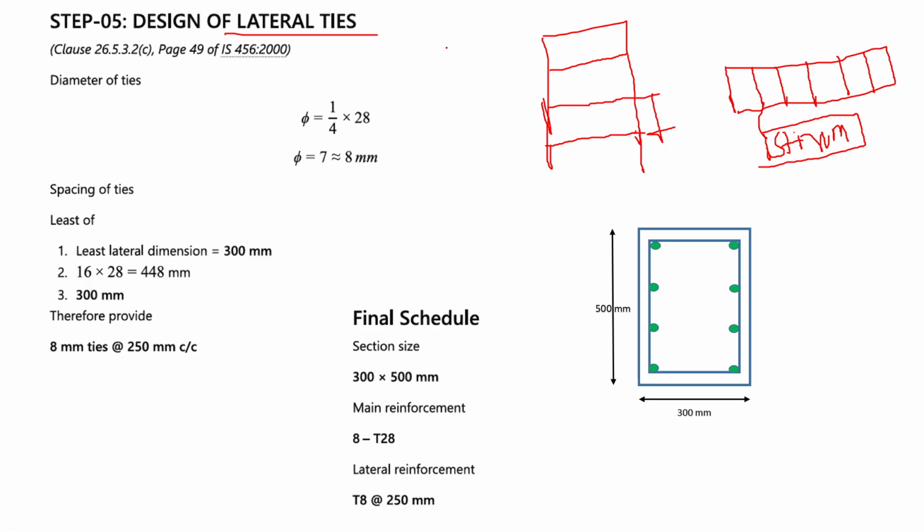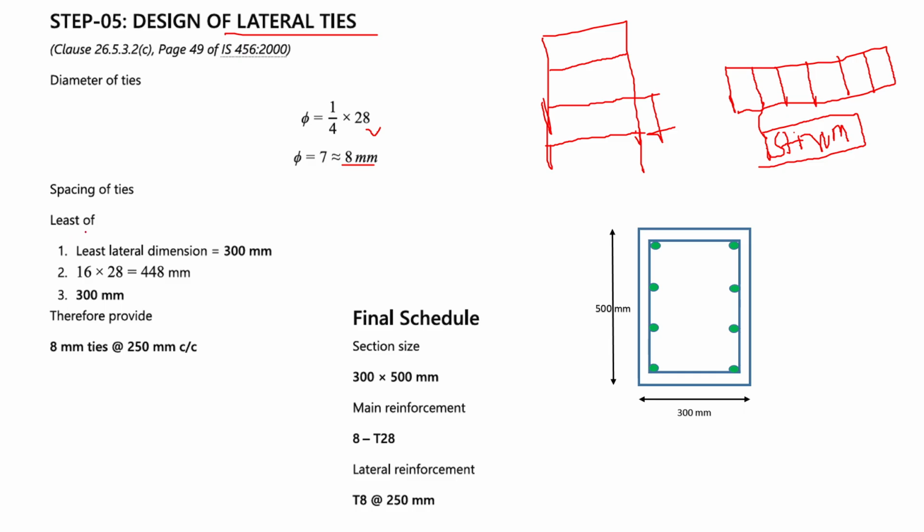First we'll find out what diameter I have to use for the tie. The IS code says the dia should be 1/4 of the longitudinal bar. That means 28 by 4, that is 7. You have to round it up because a 7 mm bar is not available in the market, so you use 8 mm dia.